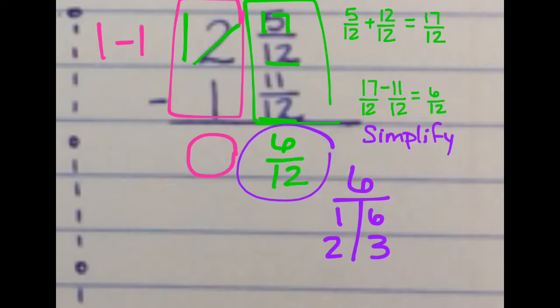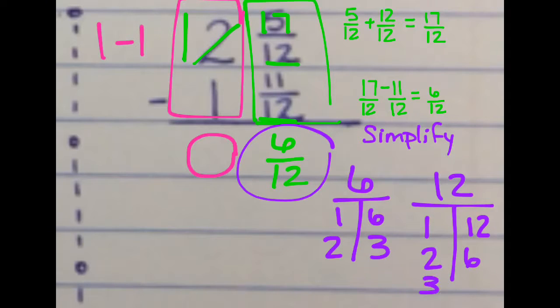You can write out your factors for 6 and for 12 and see which one is the greatest common factor. On this one, we have a lot that are the same. But if you choose the largest one, that'll simplify your fraction the quickest.